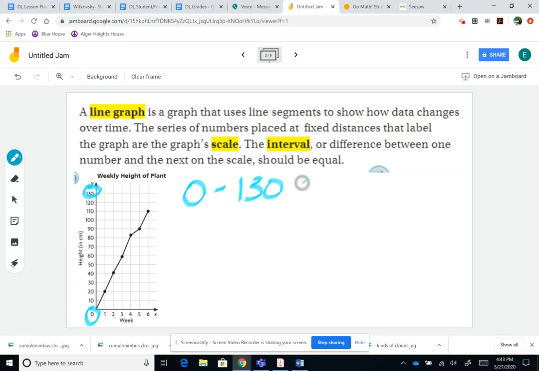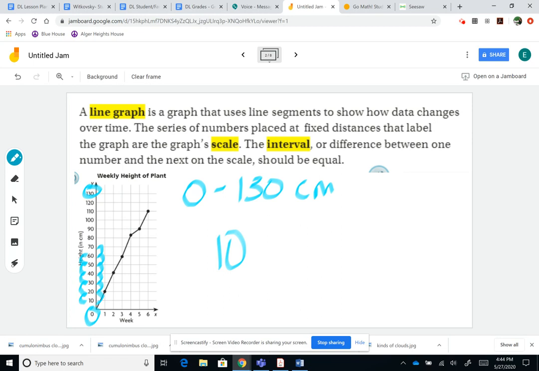Now we're talking about centimeters here, so I'll just put cm for centimeters, and then the intervals are the differences between the numbers. So how are they counting from number to number to number? And for here, they're going 10, 20, 30, 40, 50, 60, 70, and so on. How are they going? Well, they're counting by 10.